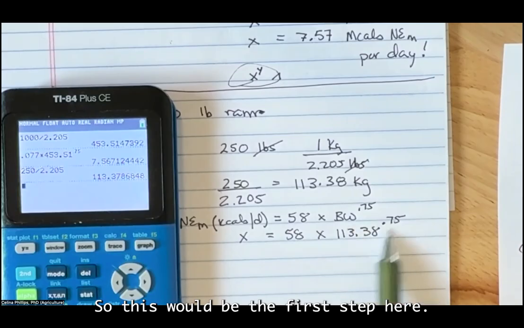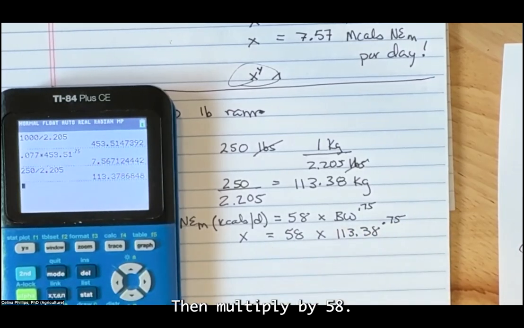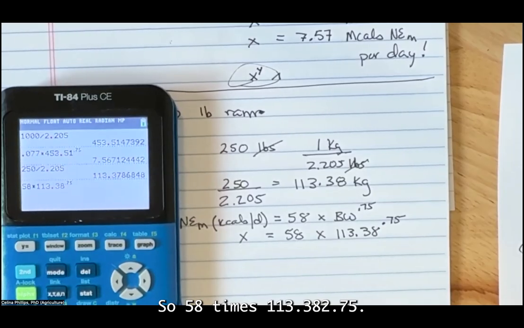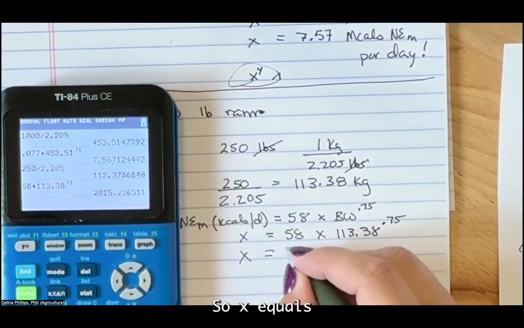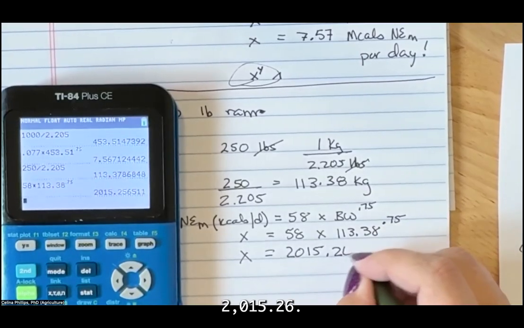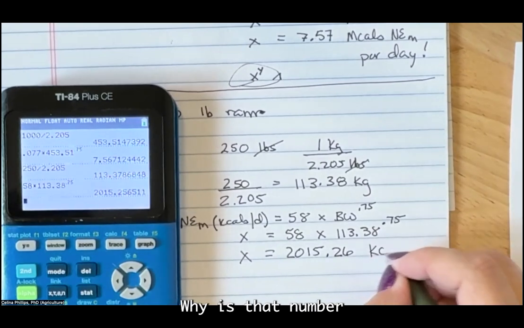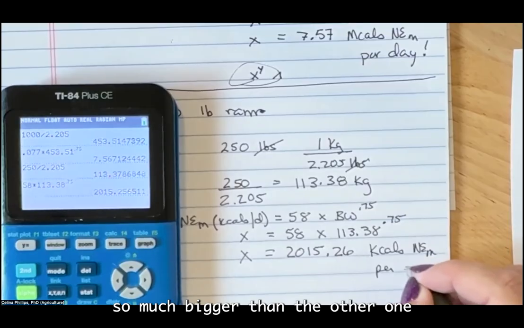So this would be the first step here, then multiply by 58. So 58 times 113.38 to the 0.75. So x equals 2015.26. But now you're wondering, Selena, why is that number so much bigger than the other one?